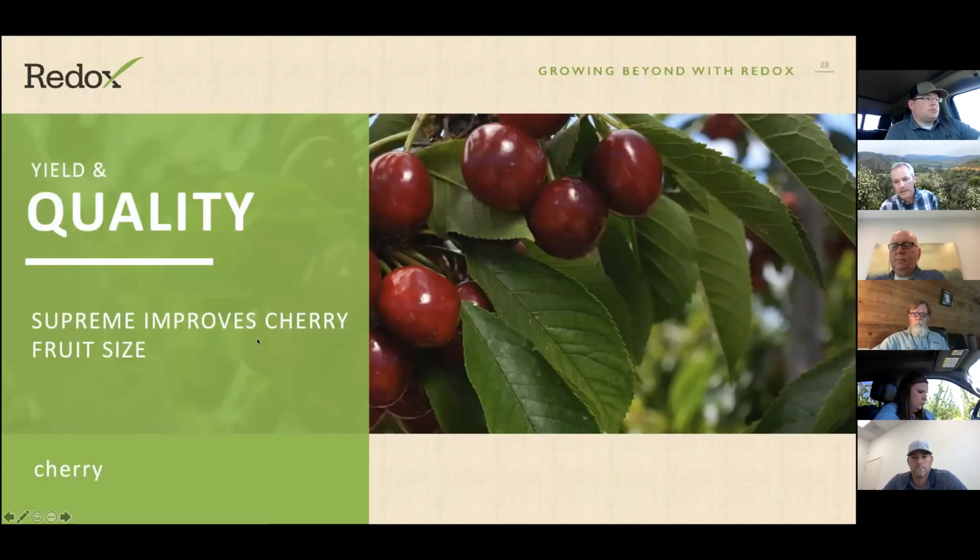Okay, moving on to some fruit crops here, starting with cherries. Let's see here. I'm going to speed up a little bit because the outcomes here are very similar with similar treatments.